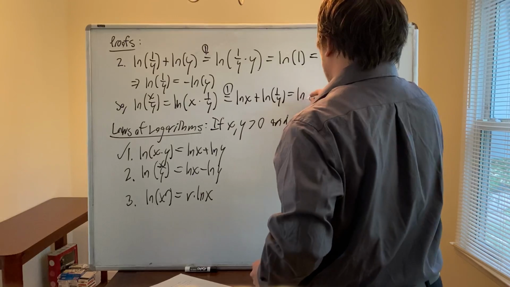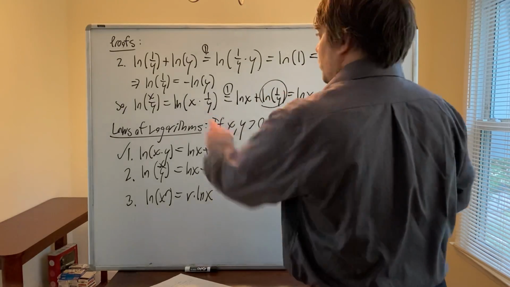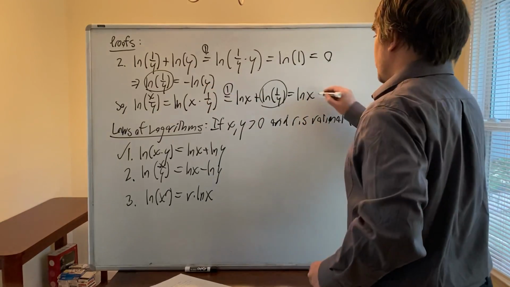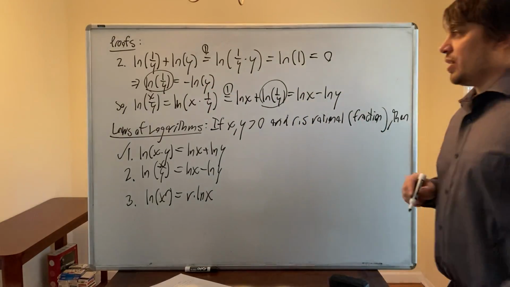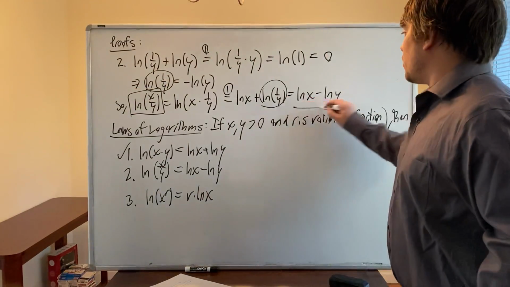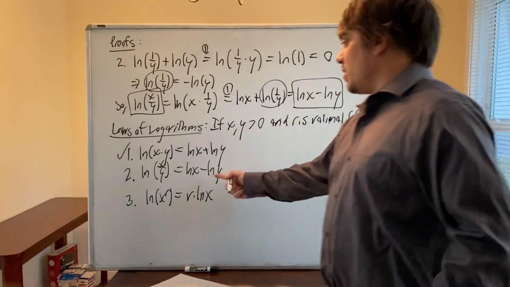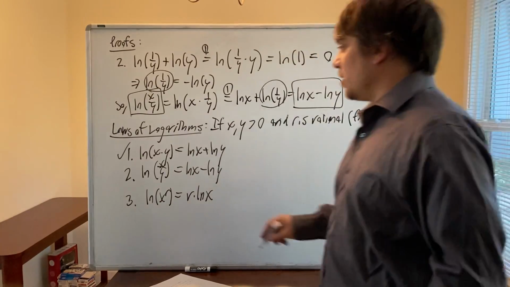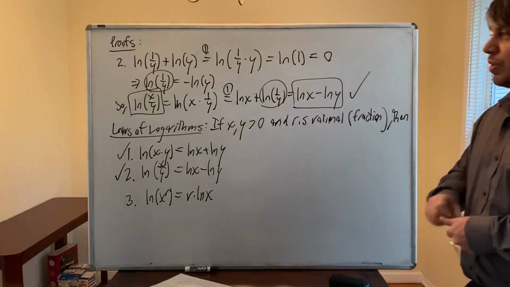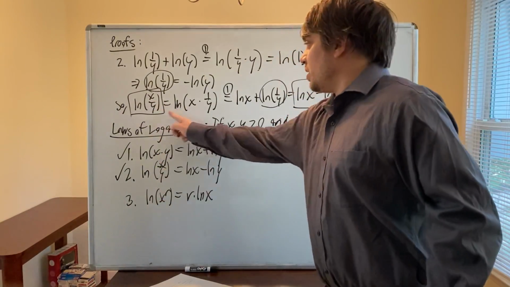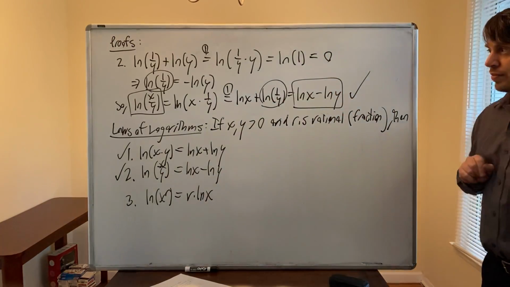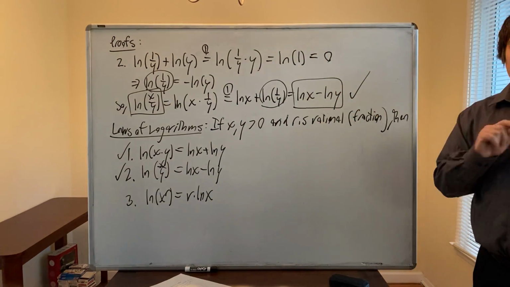So this is equal to ln of x minus ln of y. That's what I just showed, that ln of x over y is equal to ln of x minus ln of y. And it's proved there. That's now proved 2. So that proves the second law of logarithms.